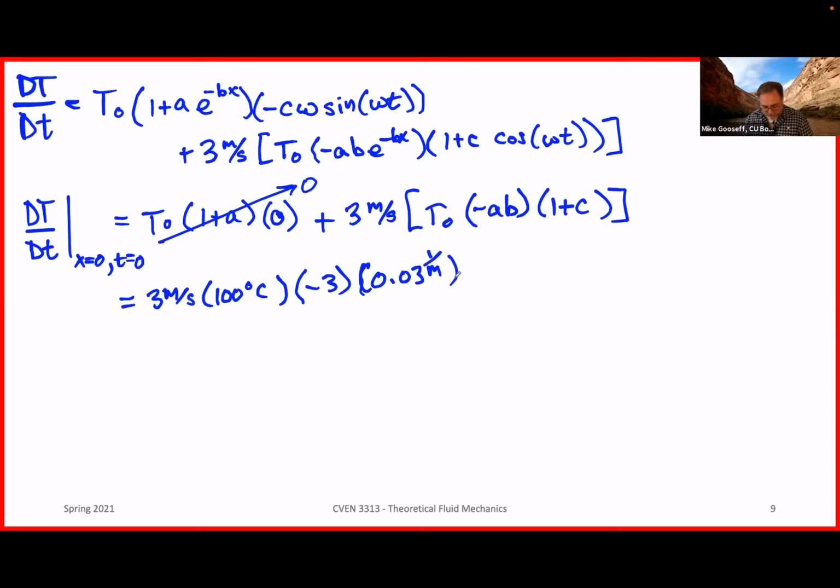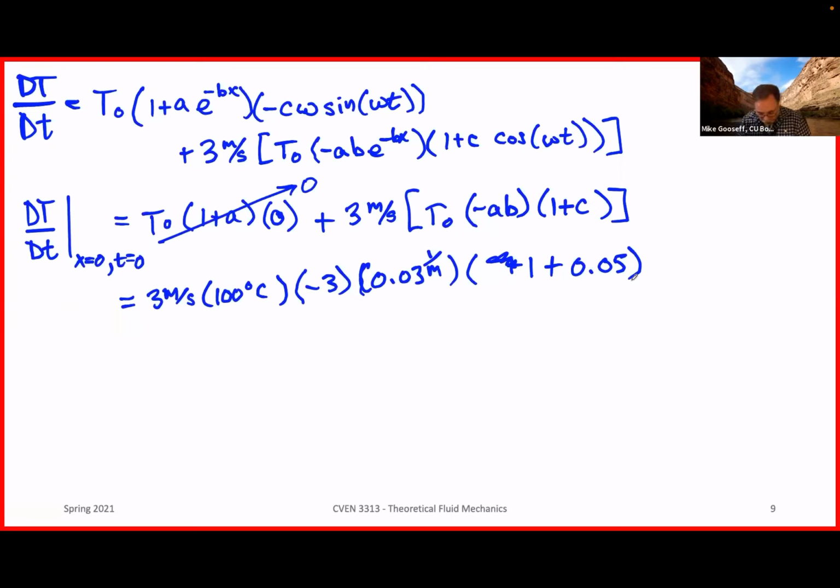And then we multiply by 1 plus, that's curious, 1 plus 0.05, which is c, okay?